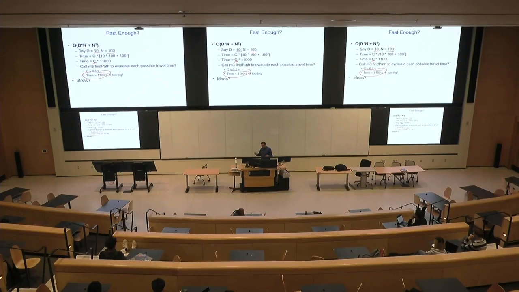We already had one idea from ece297 of how we can do this faster. Calling find path is not going to work every time. What can we do that's faster than that? Could you just use the geometric distance instead?